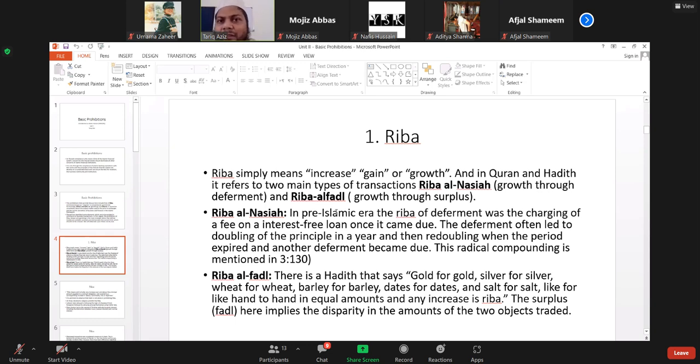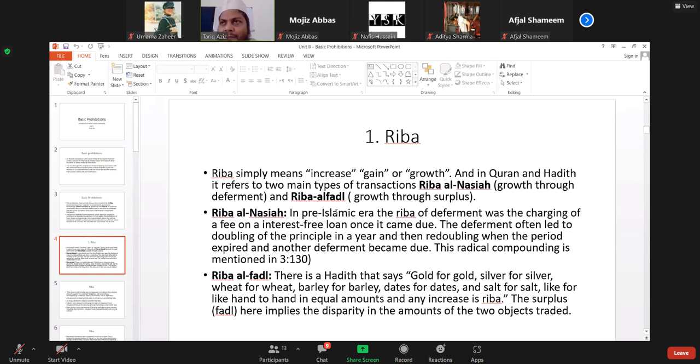Riba al fazl results from a buying and selling transaction. Riba al nasiya is related with lending and borrowing, whereas riba al fazl is related with a sales transaction. So if I am selling you gold, I cannot exchange gold in two different quantities.